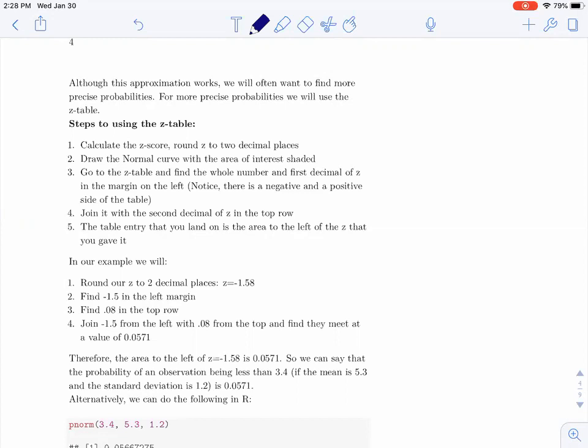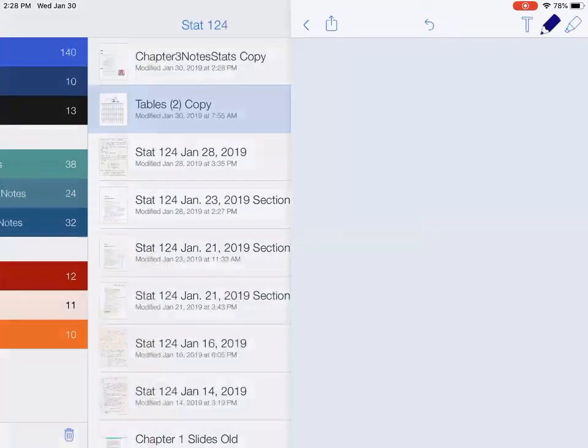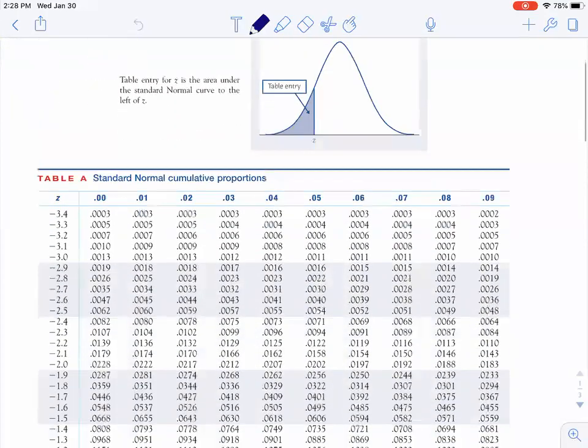It starts with the negative side, and you find your value by looking at the left-hand margin, and then there's the positive side on the other side. I'll just talk about the steps, and then I'll show you. You know what? I'll just pull it up on here, because I'm that prepared.